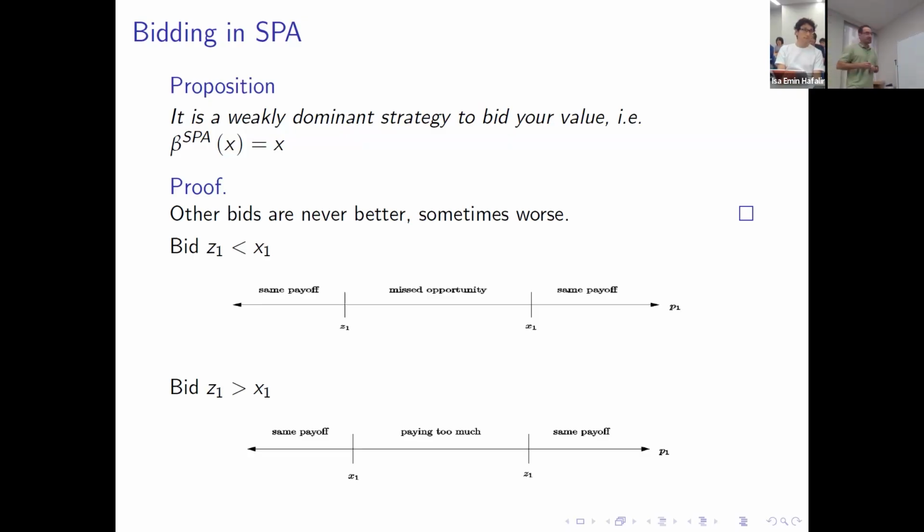So I can write down the interim expected payment in a second price auction of a bidder with value x as, let me define g of x as F(x) to the power n minus 1. All right. So what is the interim expected payment in the truthful bidding equilibrium of a second price auction?